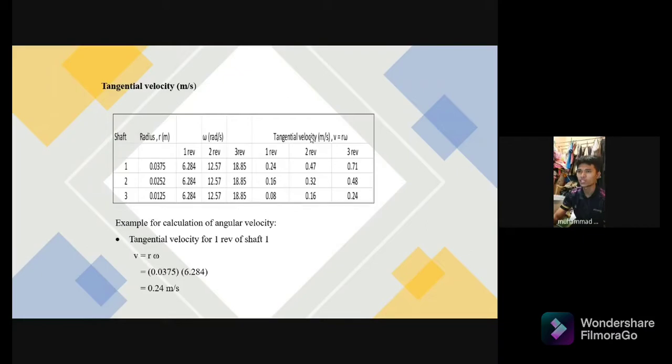For the tangential velocity, the example calculation for 1 revolution of shaft 1 is V equal to R multiplied by angular velocity: 0.0375 multiplied by 6.284, which gives 0.24 meter per second for 1 revolution.